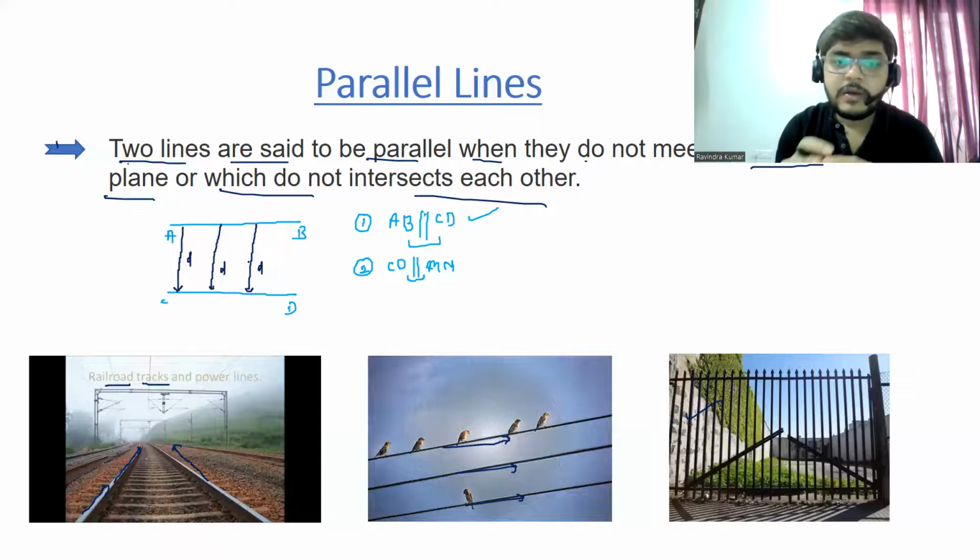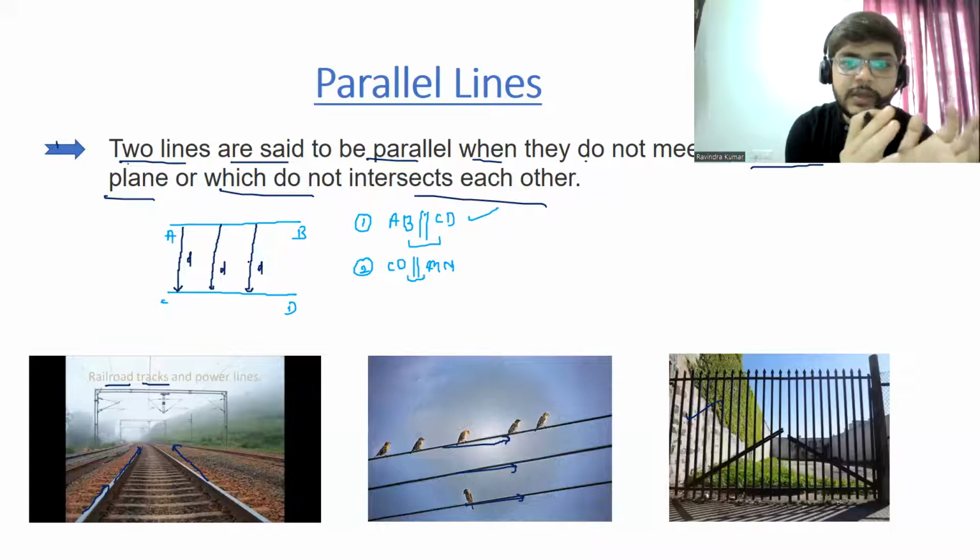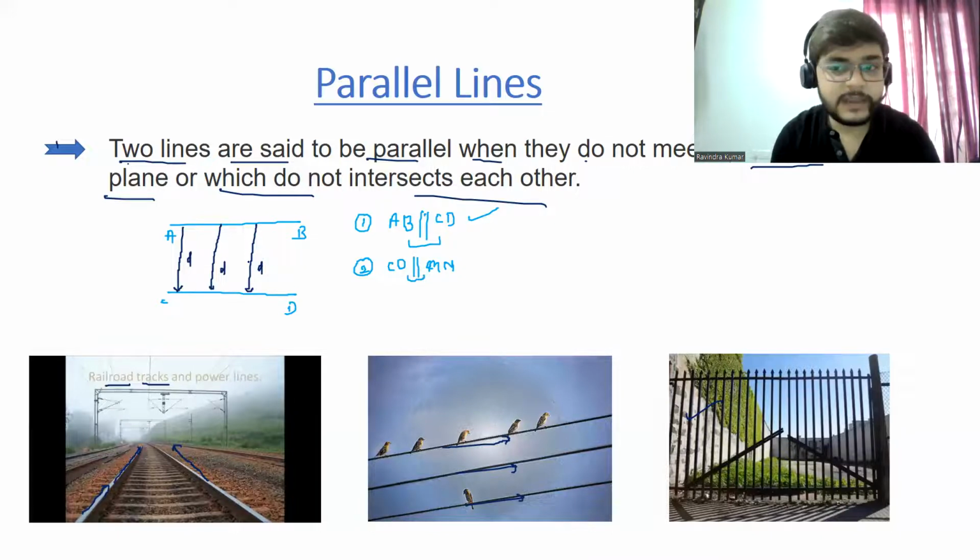It means at any point the perpendicular distance between AB and CD must be the same. Okay, this is the condition, because that's why they are parallel, or they are not intersecting each other at any point. So the distance between these two lines will be constant, right? So these are the parallel lines.